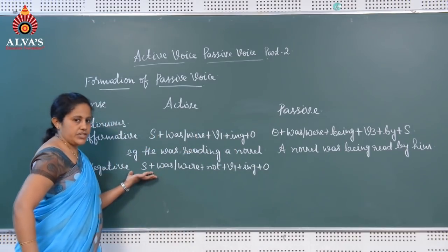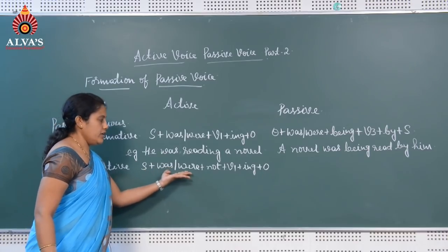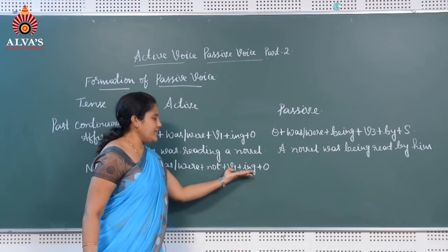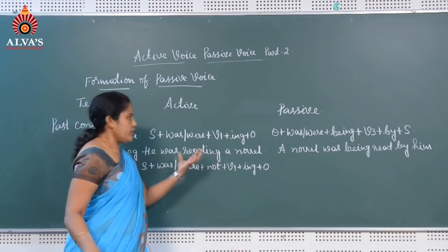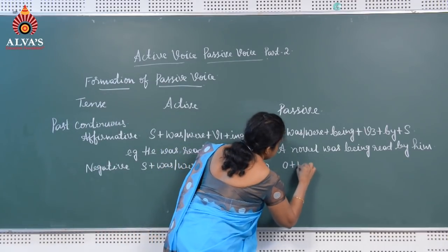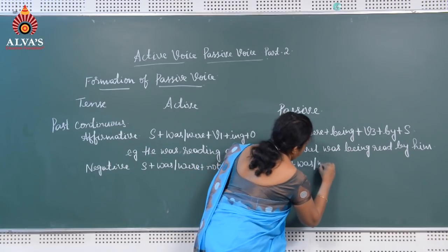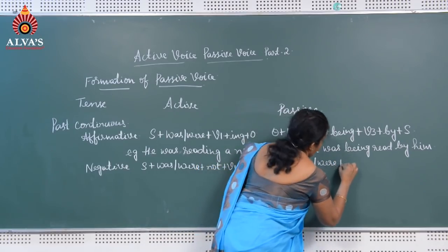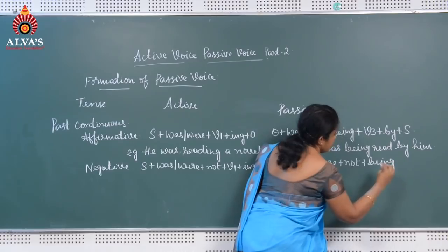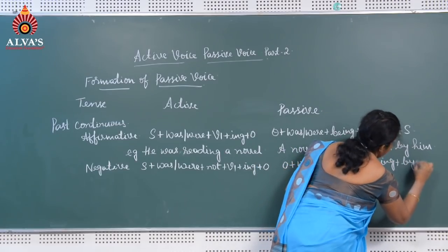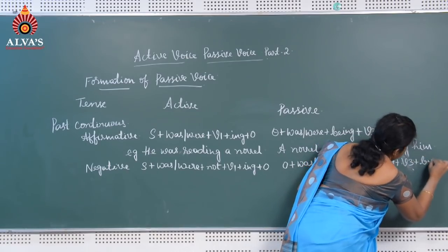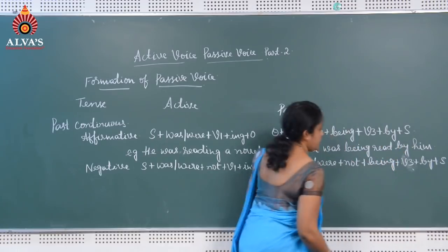So, here: subject was or were plus not plus V1, that is the first form of the verb, plus ing plus object. When it comes to passive voice, it becomes object plus was or were plus not plus being plus V3 form of the verb plus by plus subject.